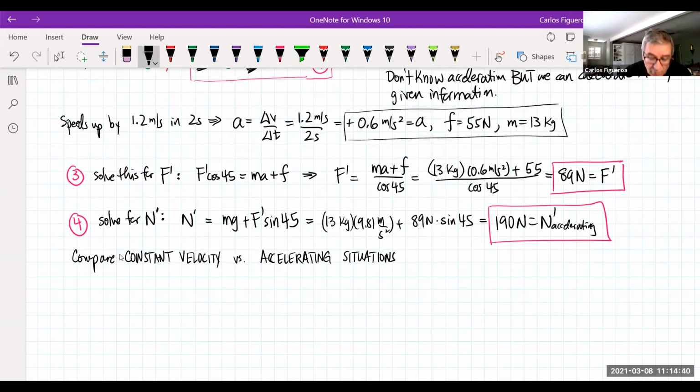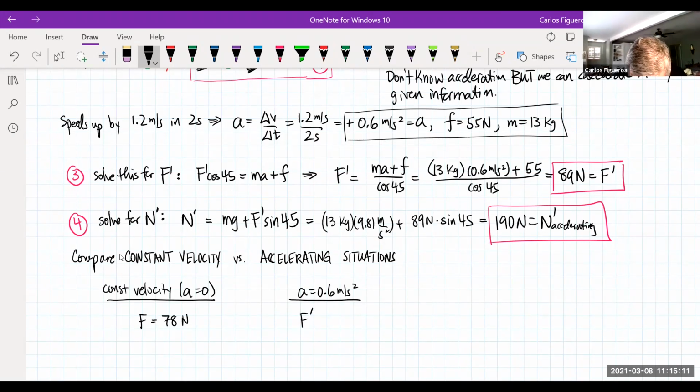If I'm at constant velocity, the acceleration equals 0, of course. What we found is that Paris was pushing with a force of 78 newtons. Now, when we have an acceleration of 0.6 meters per second squared, the force increased to 89 newtons.